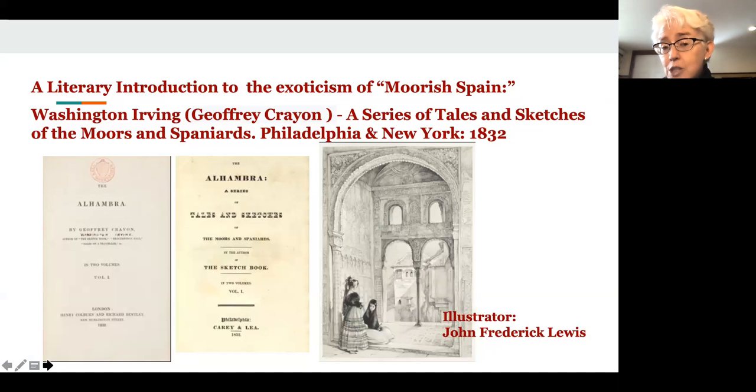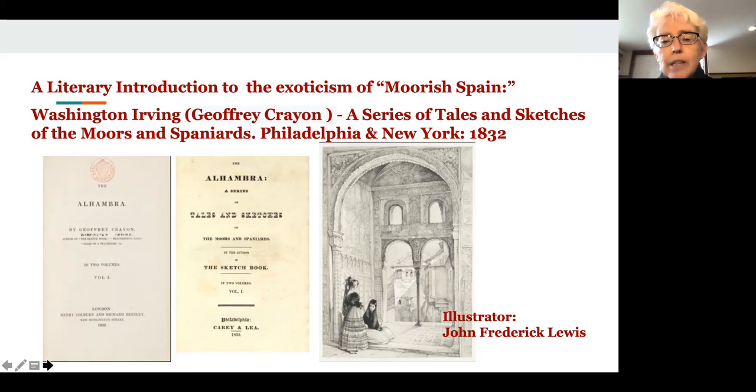Now, before we dig into Owen Jones and his deep research and expositions of design, I did want to just say that there would have been a reference for some people in the United States to the exoticism of Moorish Spain.